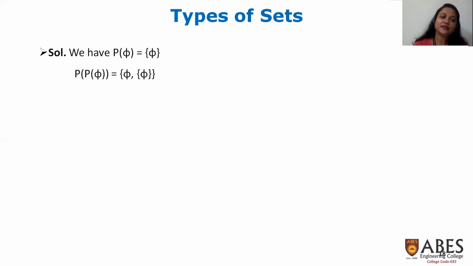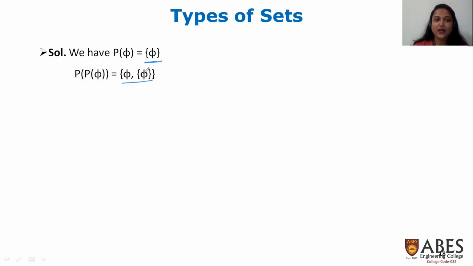Then in the second power set, when we apply the power set to phi again, since the power set of phi has phi as an element, this is considered as an element, and in the next one we take it as another element. So here this is going to be one element.